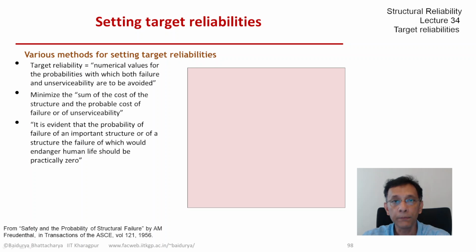when talking about important structures or failures that lead to loss of life, then the author was very conservative and in fact suggested that such failure probabilities should be practically zero, although now we have moved away from that, and we do agree and we do accept the probability of collapse or endangering life safety would be greater than zero, but small enough so that we could live with the risks.